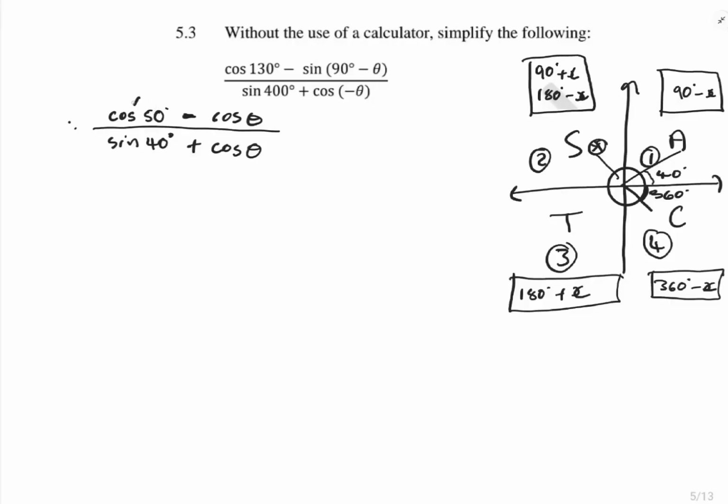The difference is these values here. How can you make them look the same? It's up to you. You can choose to change sine 40 degrees to look like cos 50 degrees, or make cos 50 degrees look like sine 40 degrees. What do I mean by that?